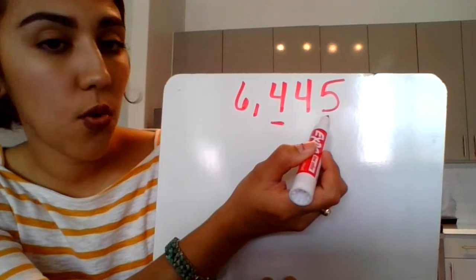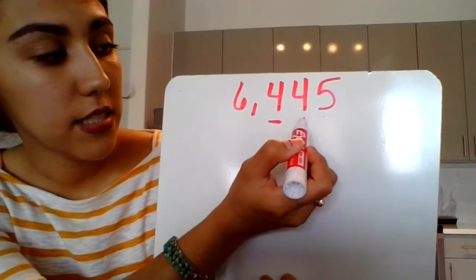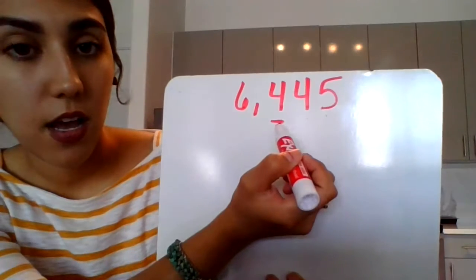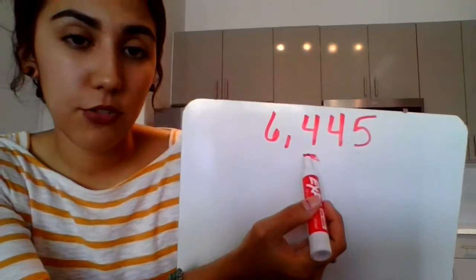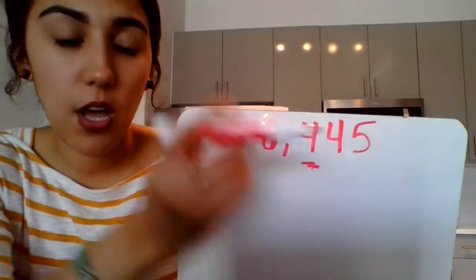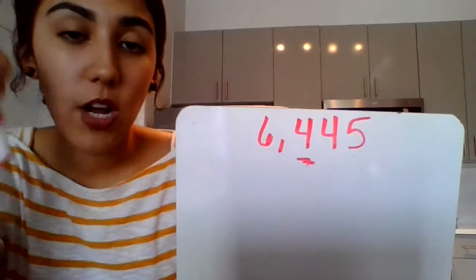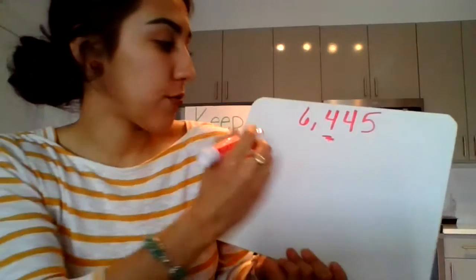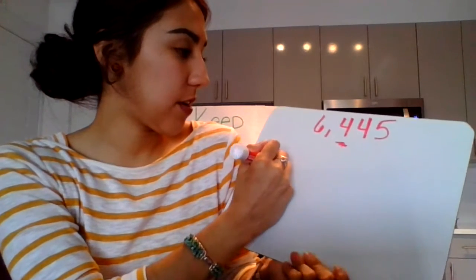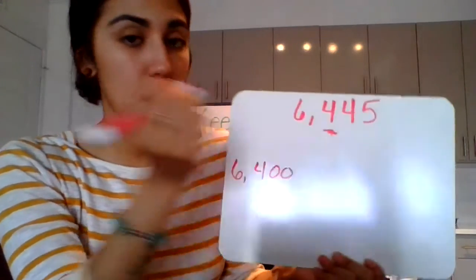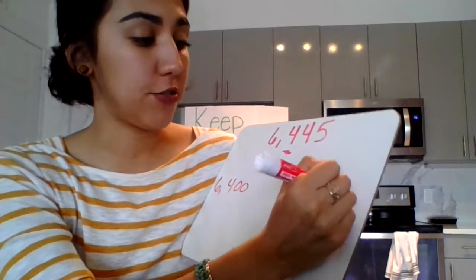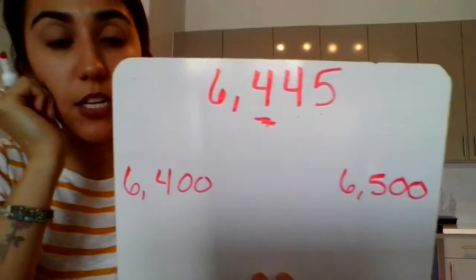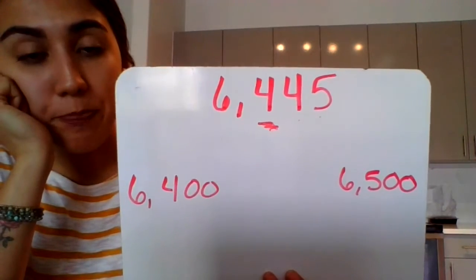I know this is the ones place, tens, hundreds, 1,000. So this is in the hundreds place. So they want to know, is 6,445 going to round down to 6,400? Or is it going to round up to 6,500? Those are the nearest hundreds for this number, okay?